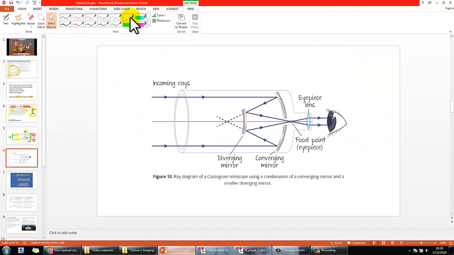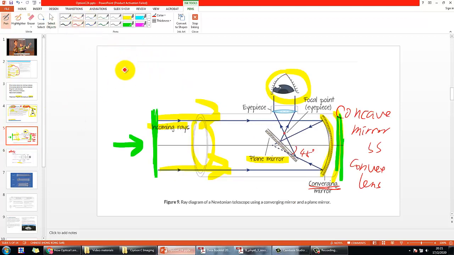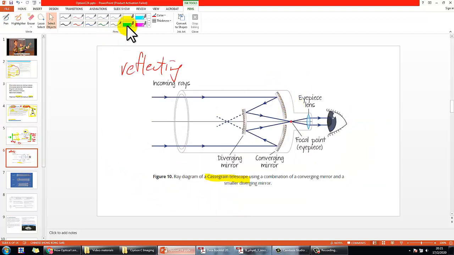As for the second one, which is the Cassegrain design, both of these are reflecting. Be careful, both of these are reflecting. This is reflecting, and Newtonian is also reflecting. The difference between these two is you can see that for Cassegrain there are two kinds of mirror, and I think it's quite self-explanatory.